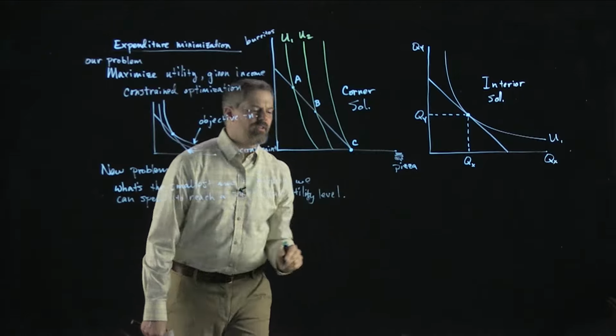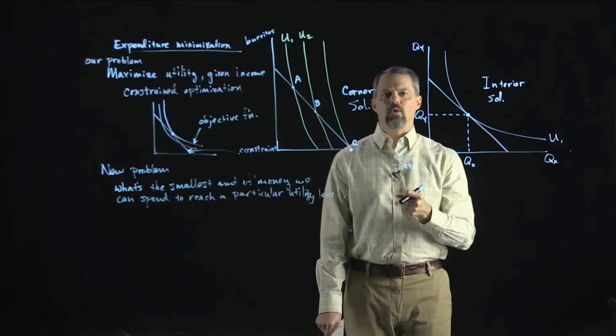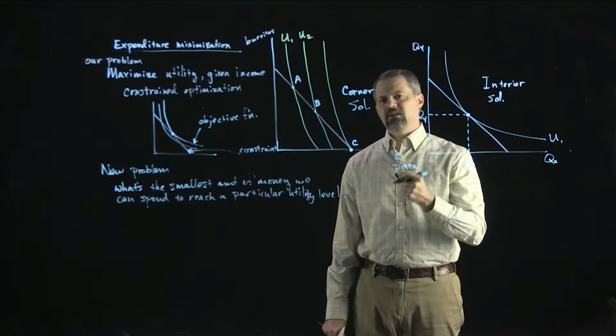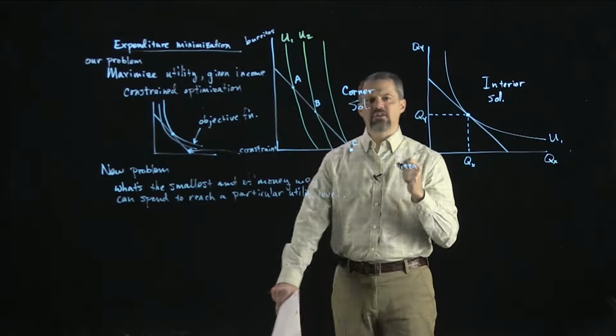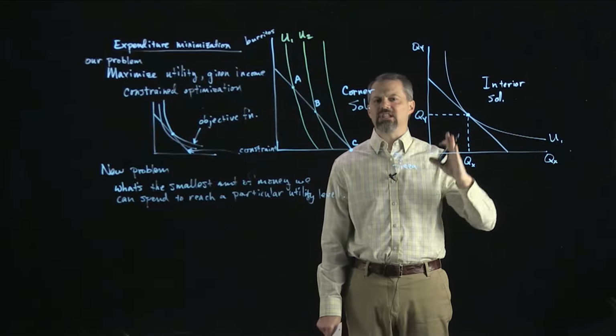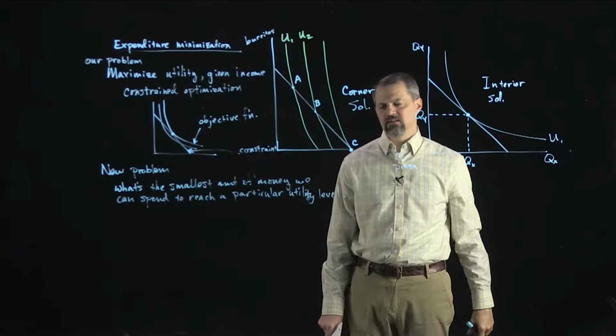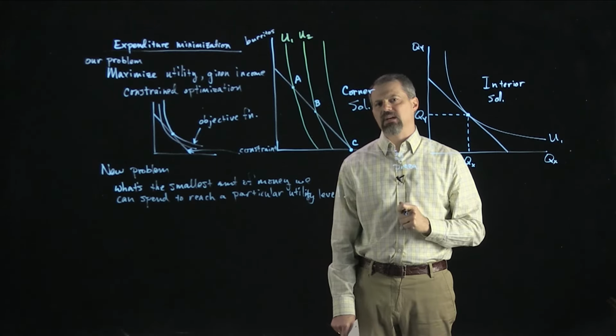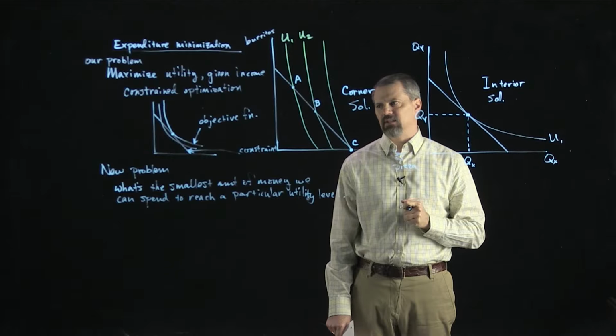Now notice that this changes the role of the objective function and the constraint. So now our constraint is that we have to achieve a particular level of utility. And our objective is to minimize the amount of money that we spend to reach that level of utility.